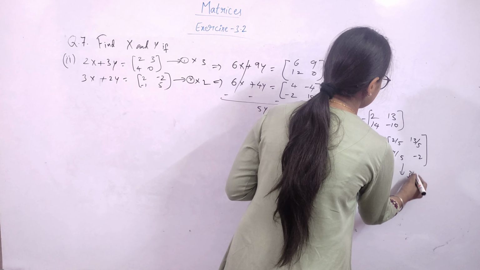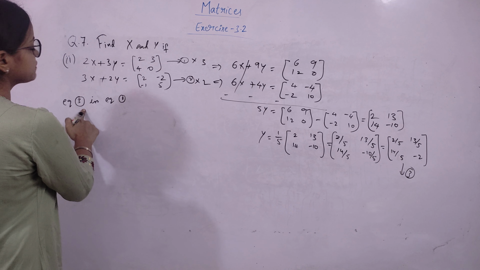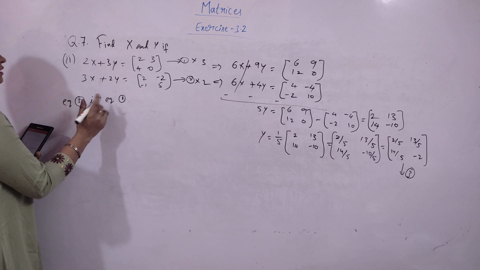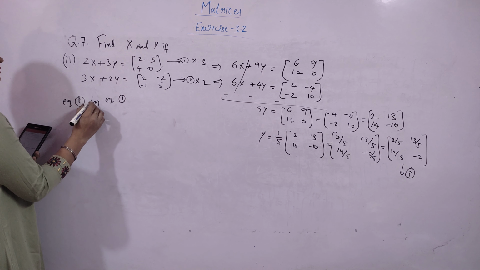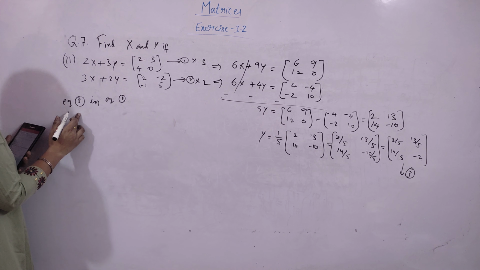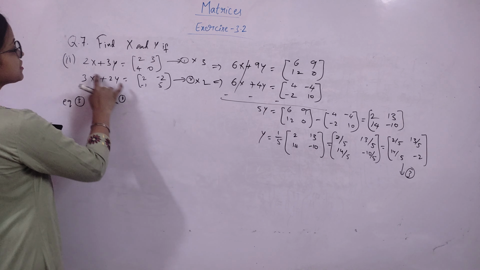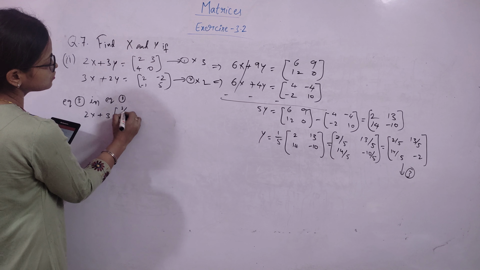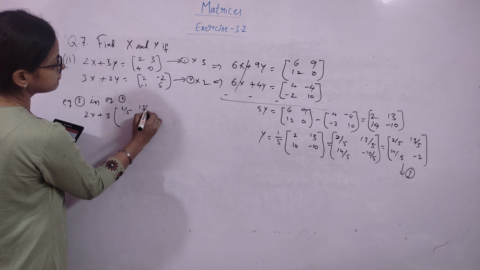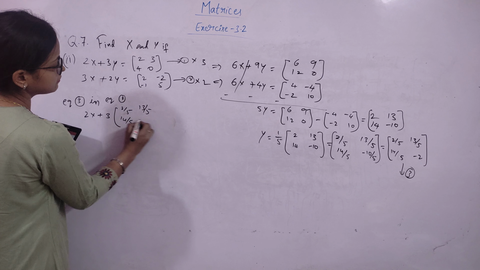Now we substitute equation 3 in equation 1. Equation 1 is 2x plus 3y, where the Y matrix is 2 by 5, 13 by 5, 14 by 5, minus 2.